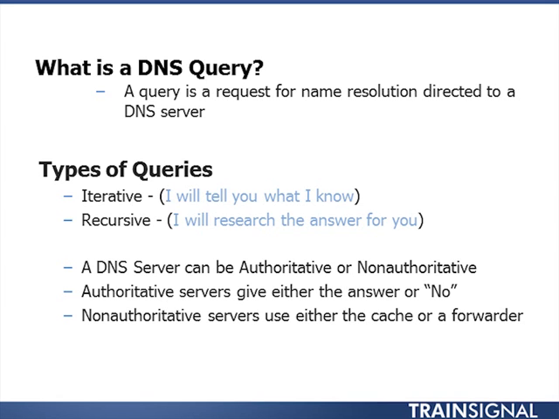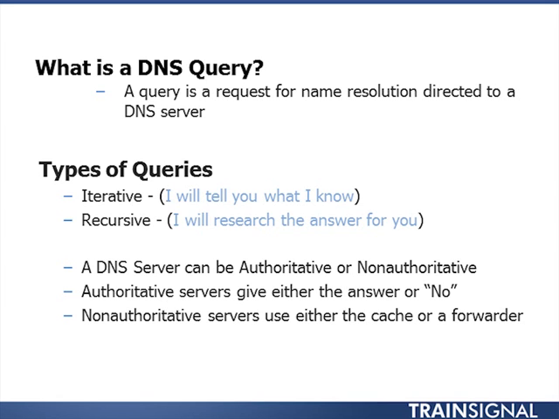Even if that answer is nothing more than maybe a referral to another DNS server to go ask. Okay, so an iterative query, if that's the type of query that a DNS server gets, it'll look in its database and it'll tell whatever it knows. If it knows the answer, it'll give the answer. If it doesn't know the answer, it won't give the answer. If it doesn't know the answer but says, hey, there might be somebody else you can ask, then it might give that. That's an iterative query.